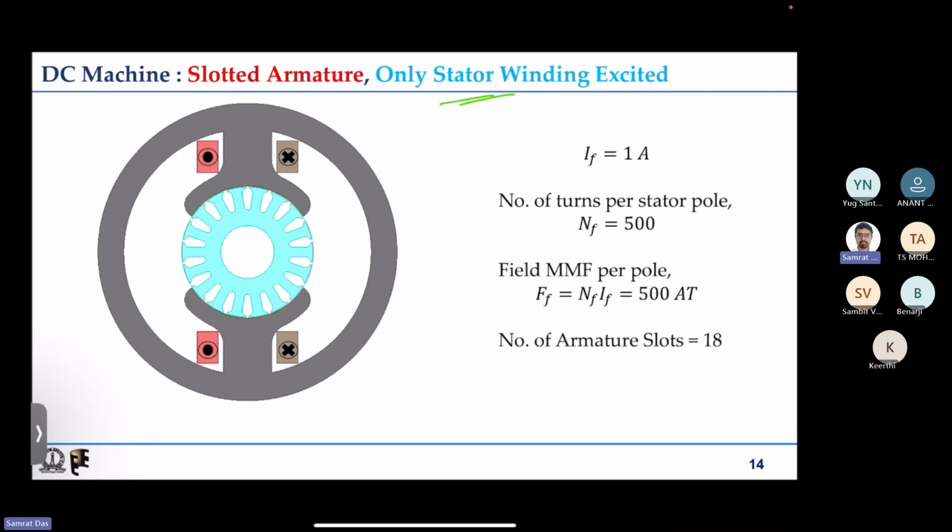We will look at this case and we expect the same output, that in this case also there will be no net torque production because of this excitation. Yeah, so we will continue on the next day.